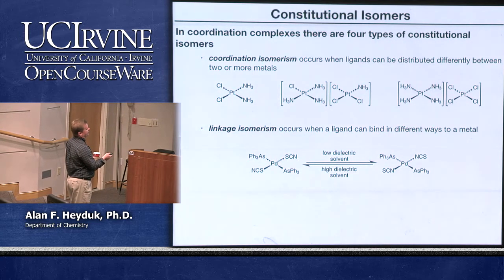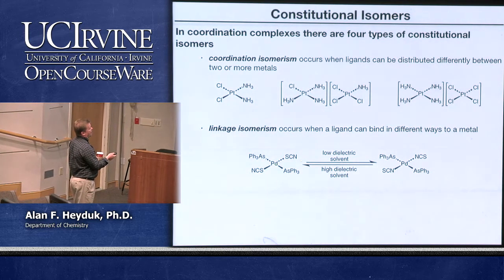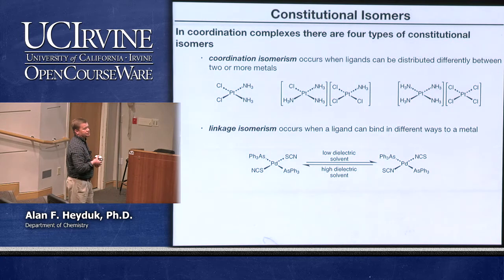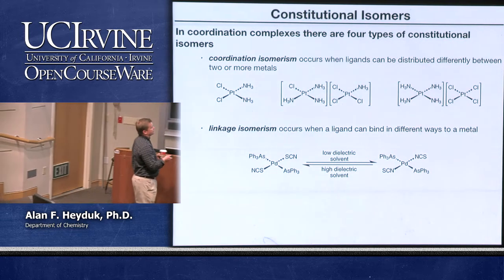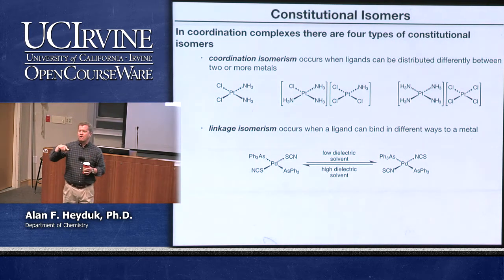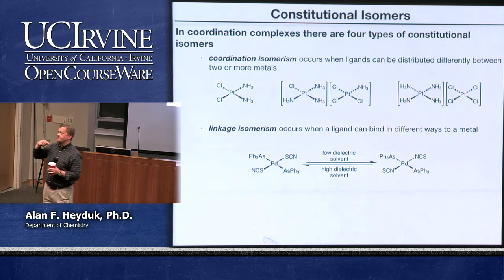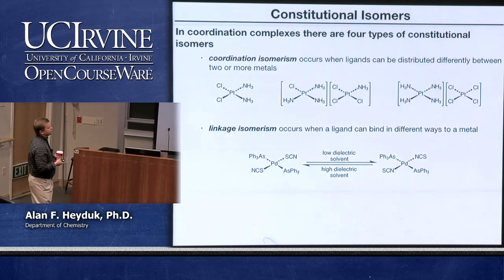If we take this complex, where the thiocyanate is bound through sulfur to the palladium, and we put it into a low dielectric solvent, something like hexanes, it turns out that those thiocyanates flip over and bind to the metal through the nitrogen. So they bind as isothiocyanate type ligands.